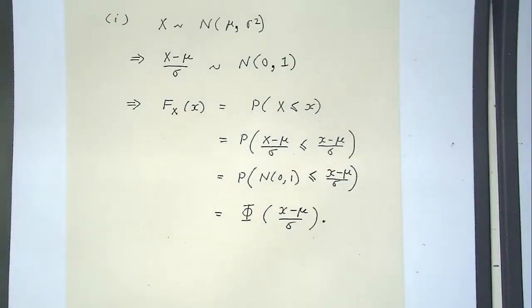I just used the property that I gave you in the class, which is that if X is a normal variable, then X minus mu divided by sigma is a standard normal variable. And in the final step, phi denotes the CDF of N(0,1).